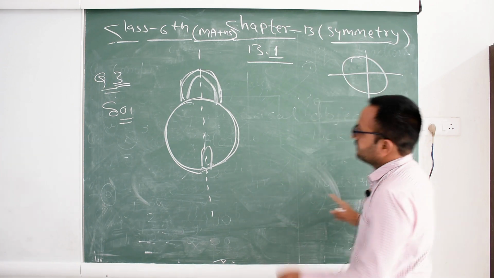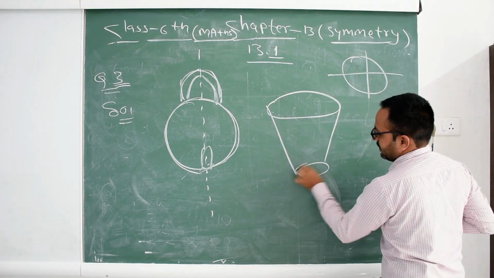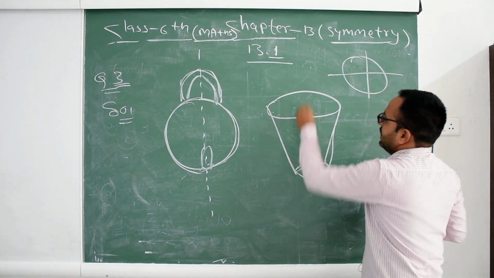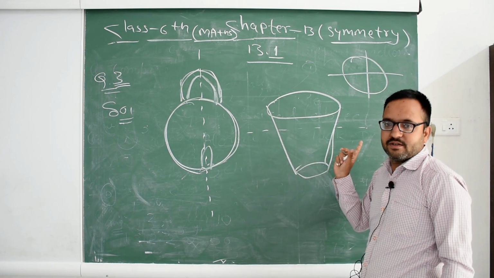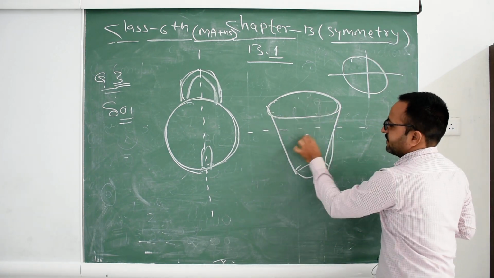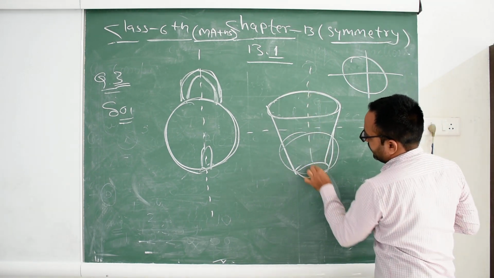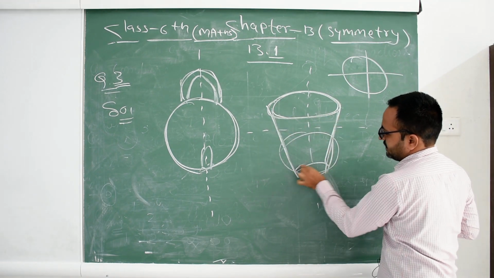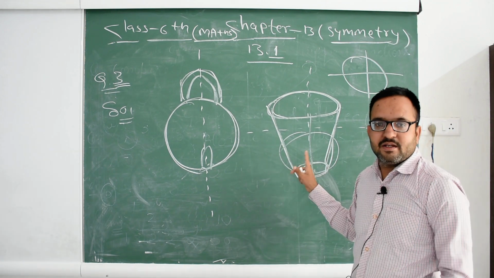And second is a glass. Is this symmetrical or not? If we draw a horizontal line, this is not symmetrical because this part is different from this part. But if we draw a vertical line, this part is the same in size.